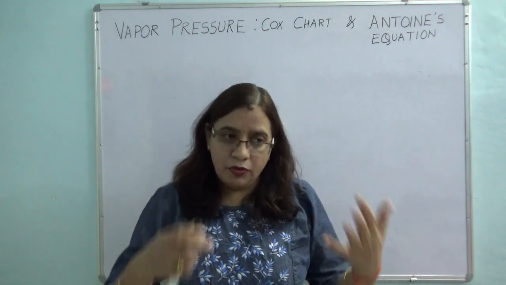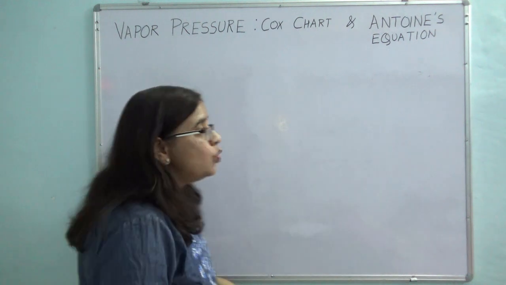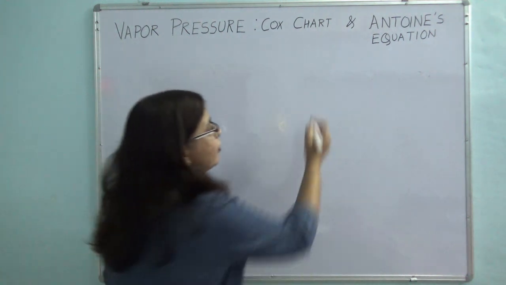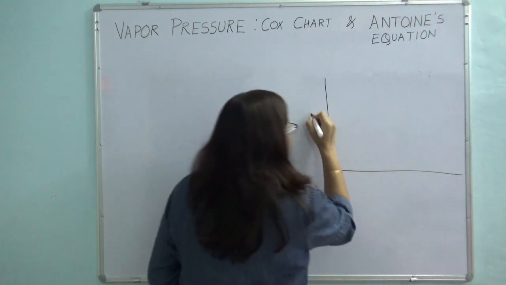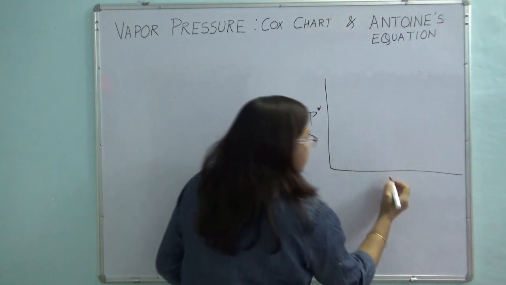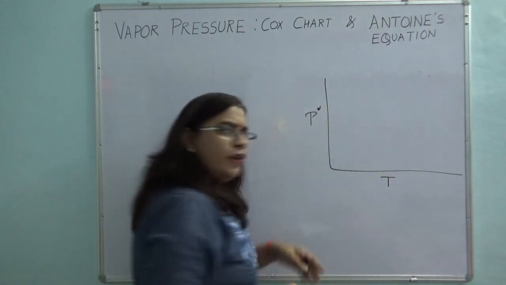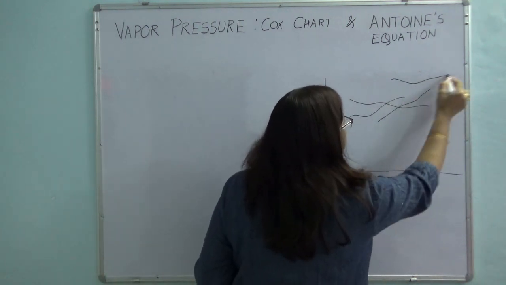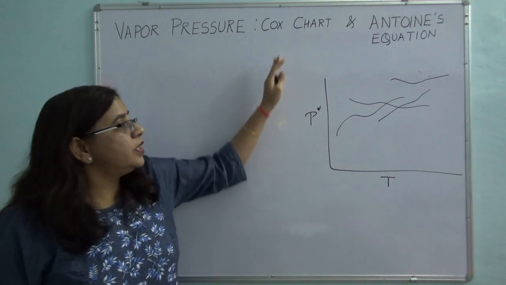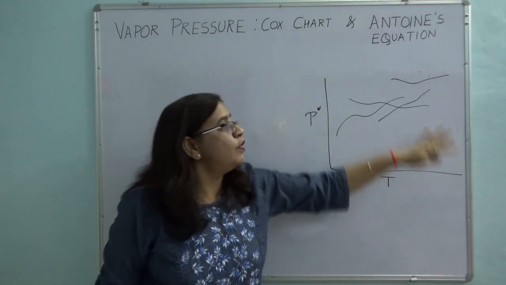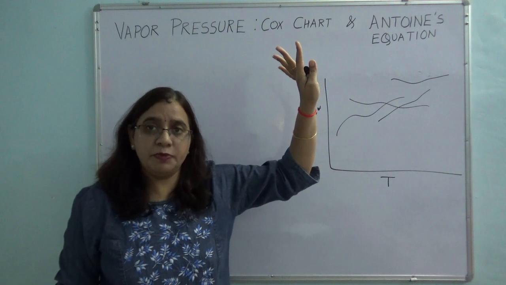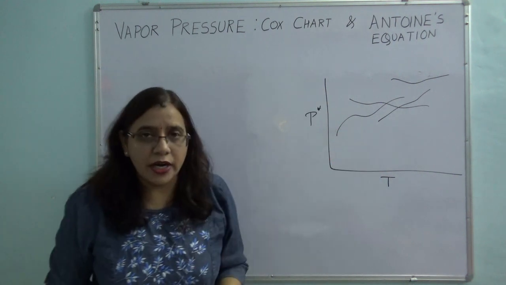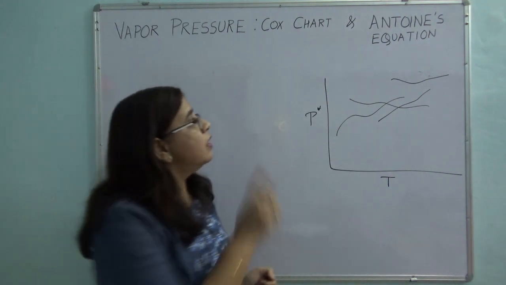If I try to plot vapor pressure versus temperature for different substances, it will be all over the place. So in order to give concise information on a lot of species in a single chart, we have come up with a Cox chart.